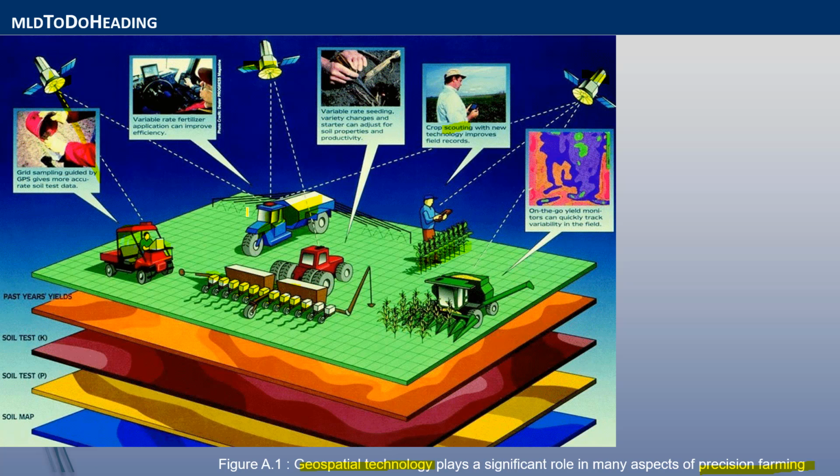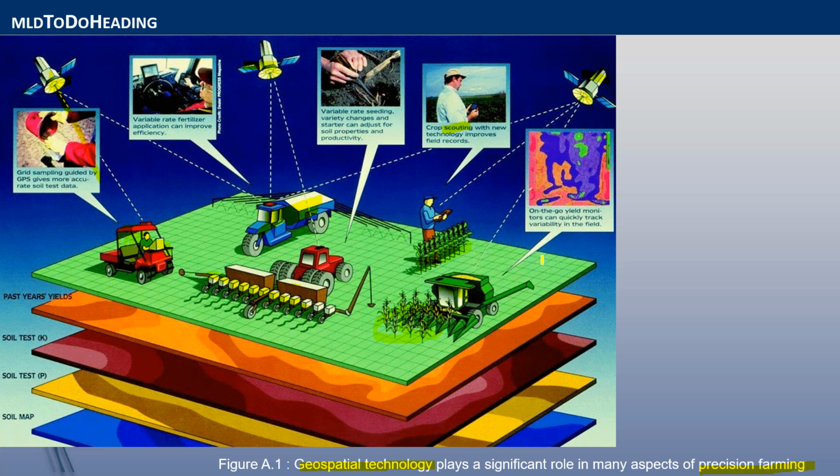All these machines and this person are interconnected with the help of geospatial technology. So the data is constantly being recorded and maintained on the servers. And this last stage is the harvesting stage, and this is also being performed with the help of machines.